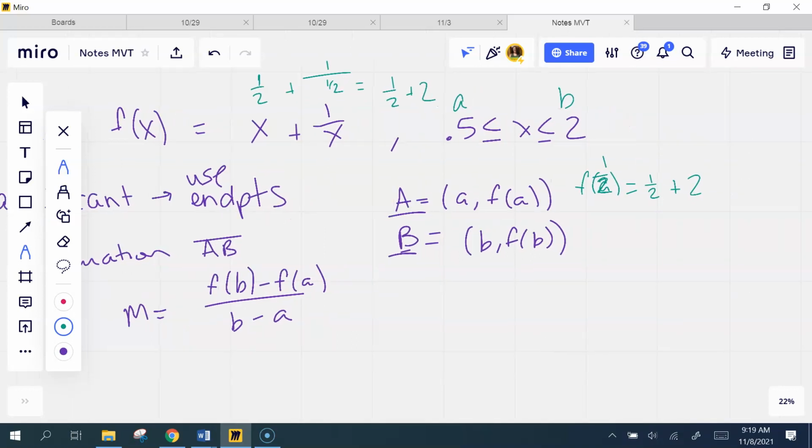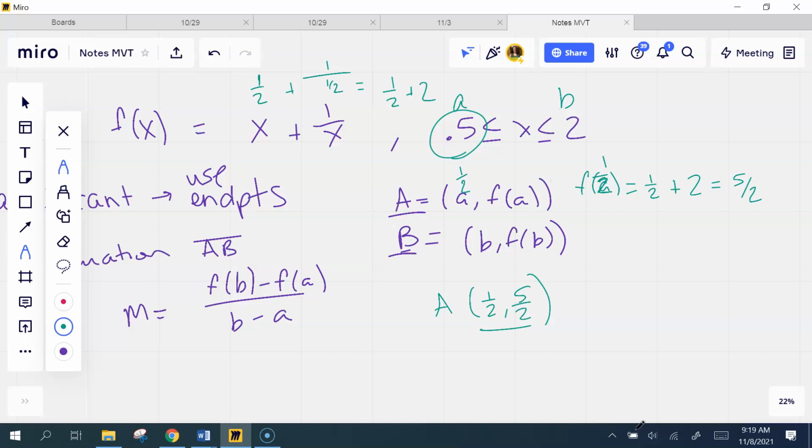I'm just plugging the endpoints in to find out what the coordinates of the endpoints are. So this is 5 over 2. So point A is actually (1/2, 5/2). Do we all agree? If A is 1/2, I plugged in 1/2 and I got 5 over 2.